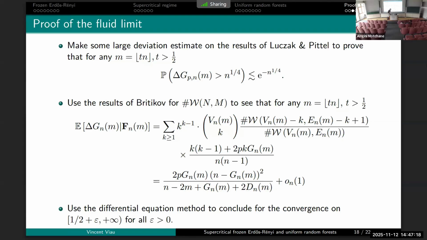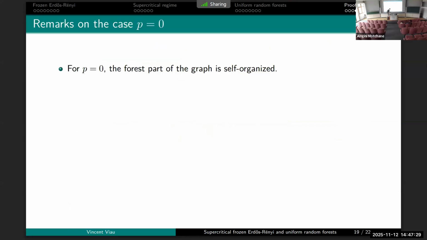So this is why we focused on the case P positive, and this is the difference with the case P is 0. So just to say a few remarks on the case when P is 0 before concluding. What we have in the case when P is 0 is that the forest part of your graph is self-organized, since it has no interaction with the frozen part of your graph. Since the only way to freeze is to create a cycle in a tree, you have no interaction with the frozen part of your graph.